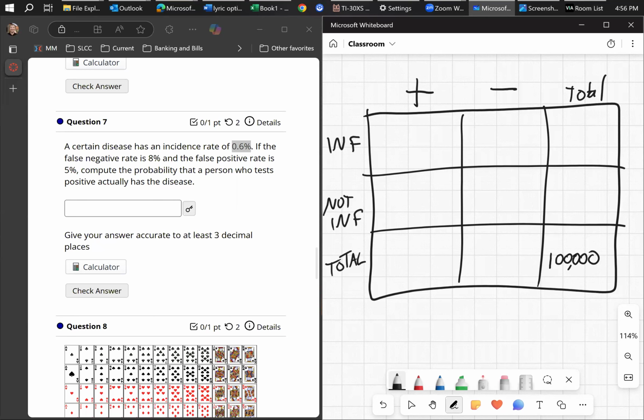And now we just start to work through. Like this 0.6%, this is the incidence rate of the disease. This is giving us how many people are going to be infected. So the 0.6% is going to give us that spot. If you have a percent in this table, and it's sitting in a row or a column, look for a total, and then you can apply them together.